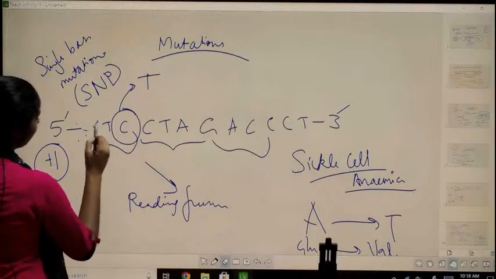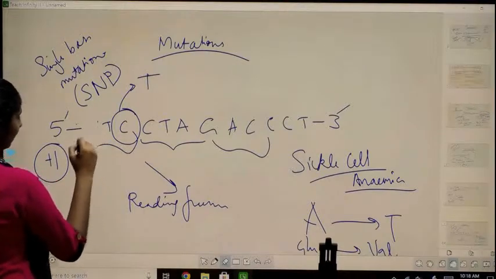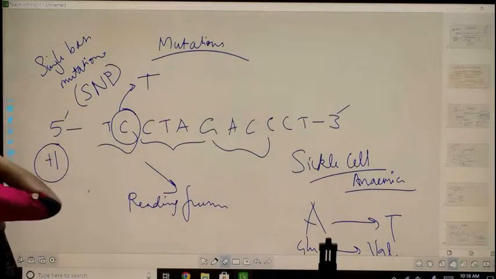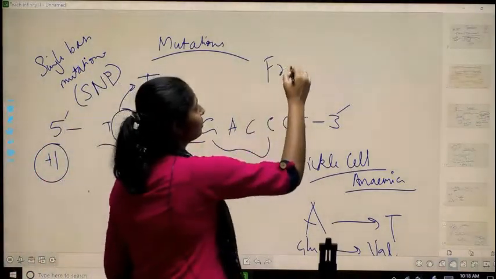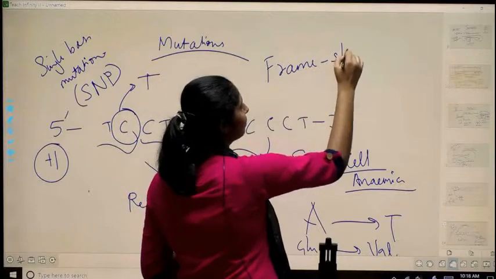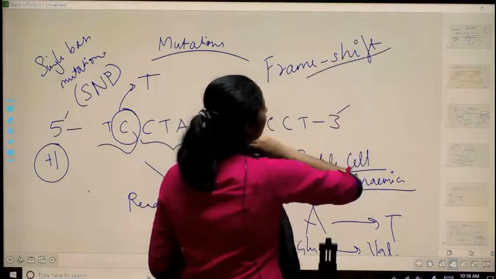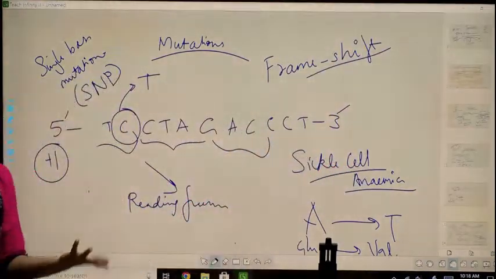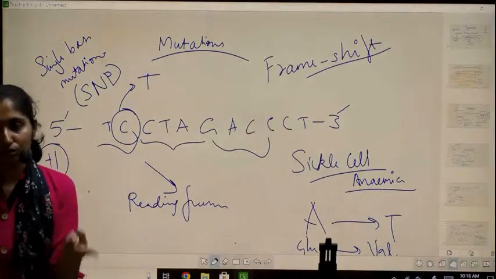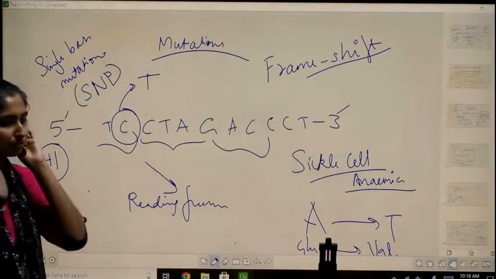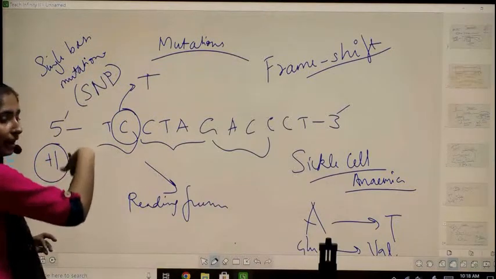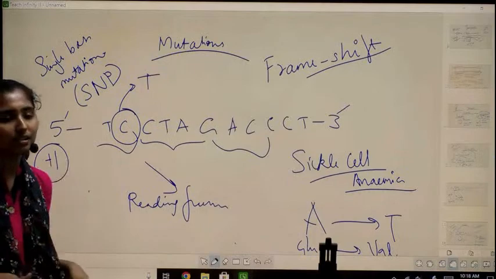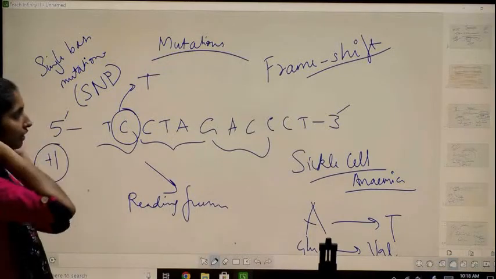So whenever there is a change happening to the reading frame, such mutations are known as frame shift mutations. Frame shift. Why? Because they are shifting the frame, right? So if there is addition or deletion of one or two nucleotides, that is known as frame shift mutations, right? If three particular nucleotides are added or deleted, then that is not going to change the frame, right?